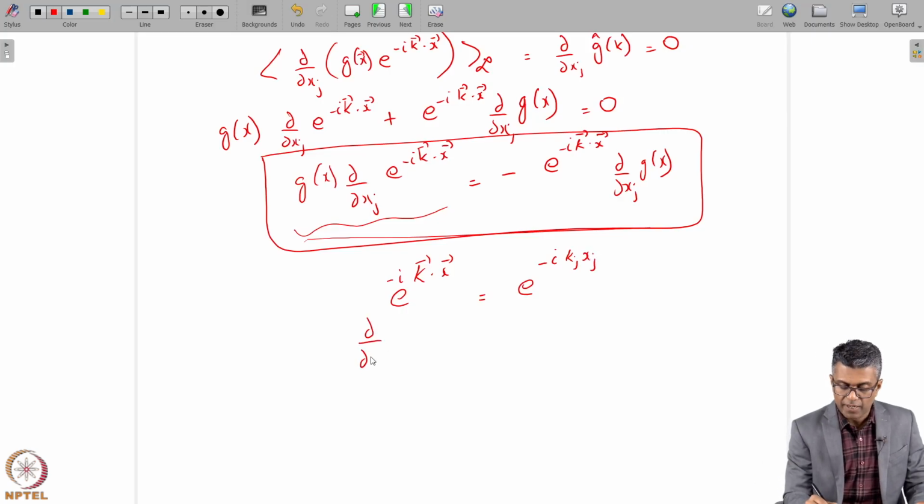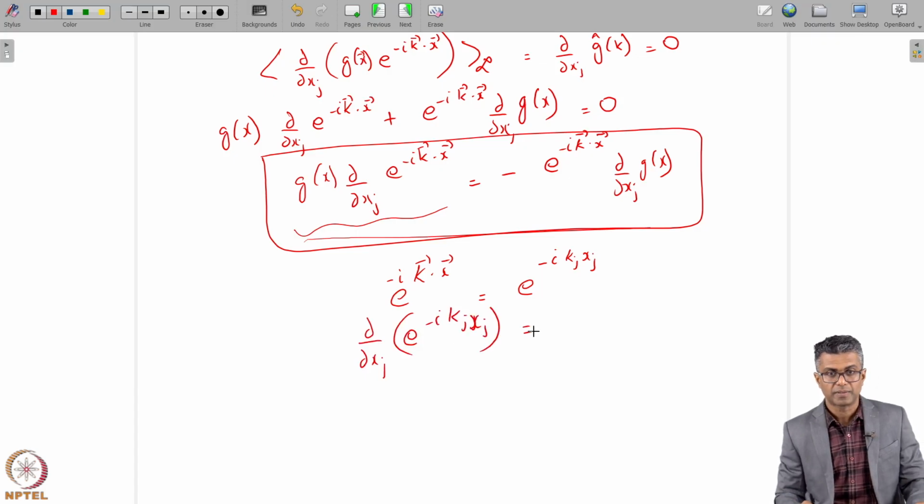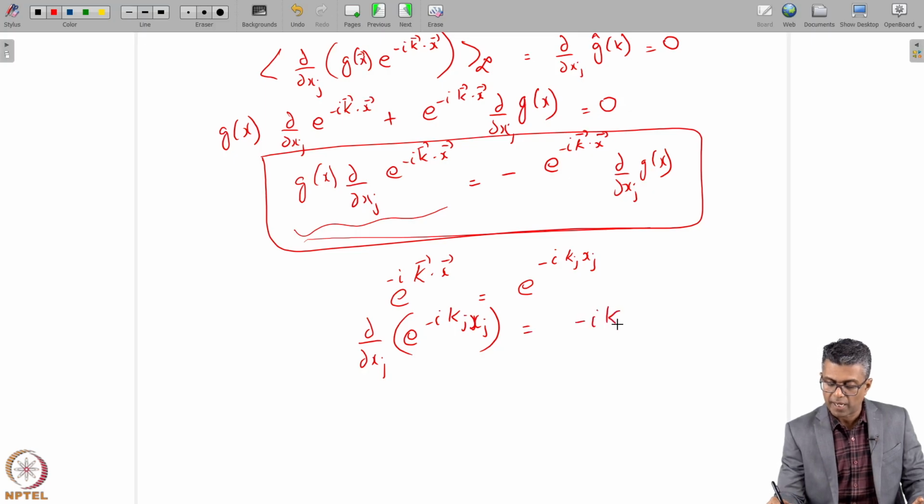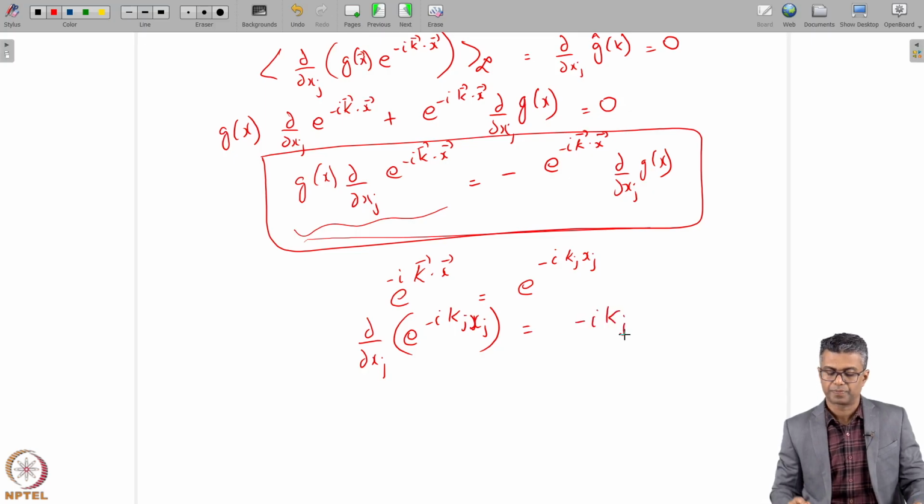When I take a derivative of e^(-iκj xj), what I'm going to get, remember, it is only going to be applicable for j. So what I'm going to get is minus iκj.